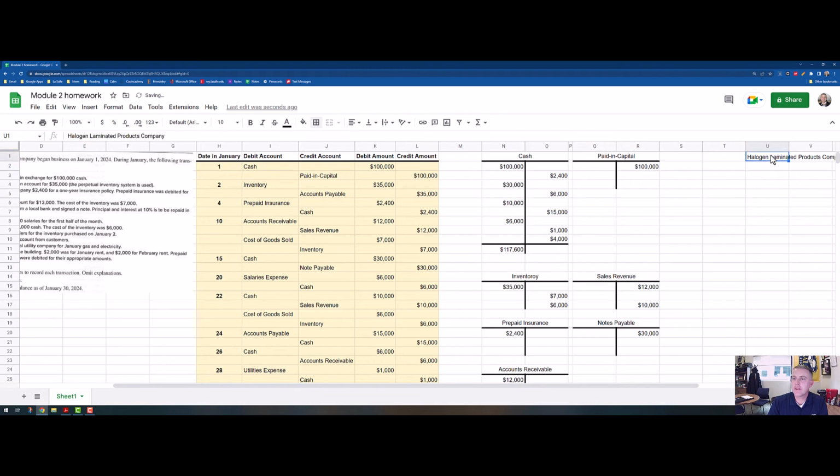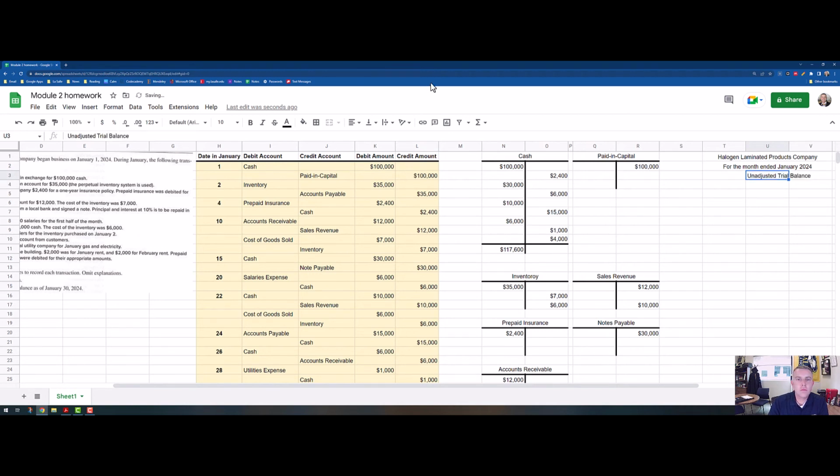Let's center that, and then we're going to say for the month ended January 2024. And we're going to say unadjusted trial balance.